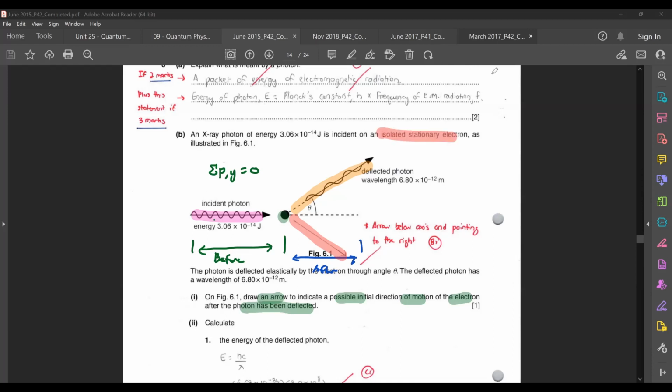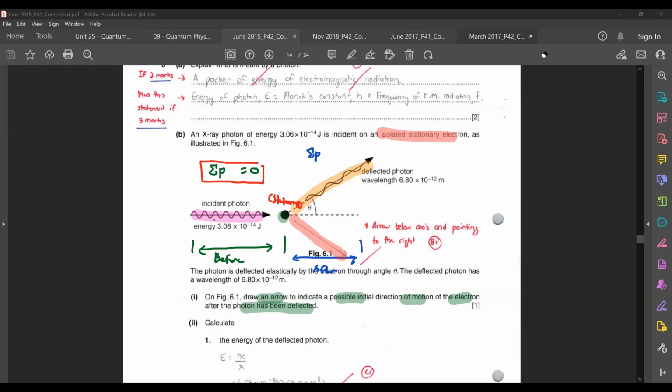So you do not have any vertical momentum before collision. So according to conservation of momentum, your vertical momentum after collision must also be zero.